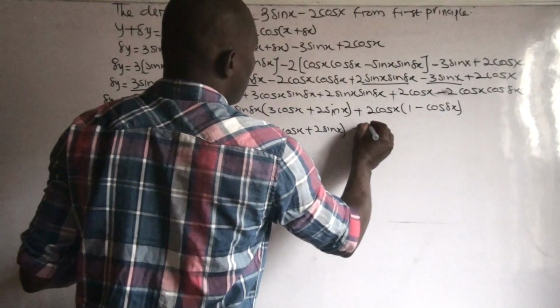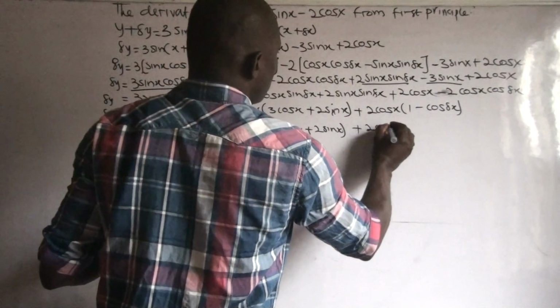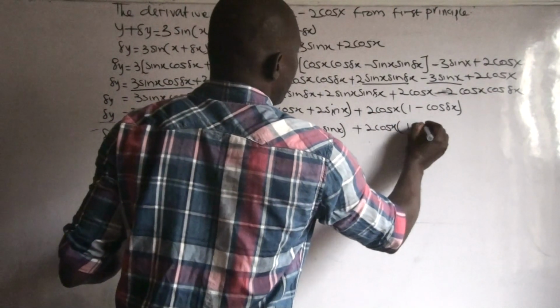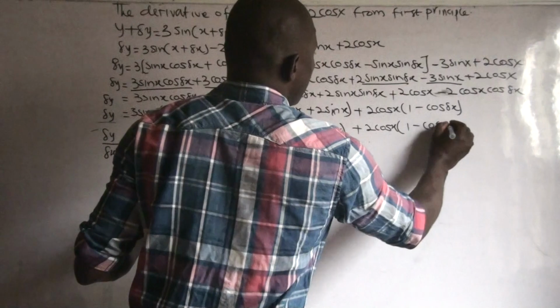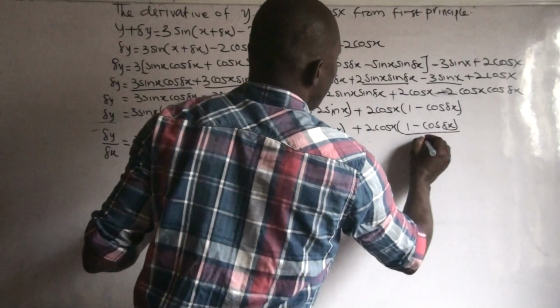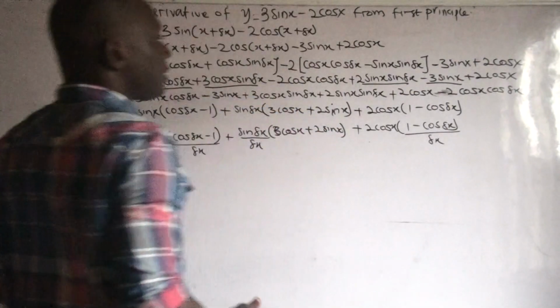Similarly, we have 2 cos x here, open bracket, (1 minus cos delta x) divided by delta x.